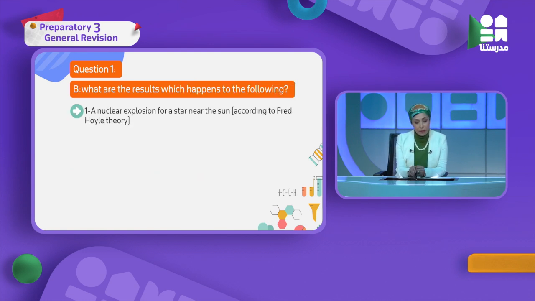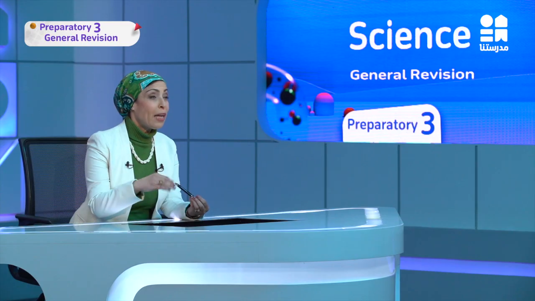Next. A nuclear explosion of a star near to the sun according to the Fred Hoyle theory. What is the result from this phenomenon? What happened? What is the result of the nuclear explosion in Fred Hoyle's theory? Let's think. Always when I'm asked about the result, I should think: what happens if.